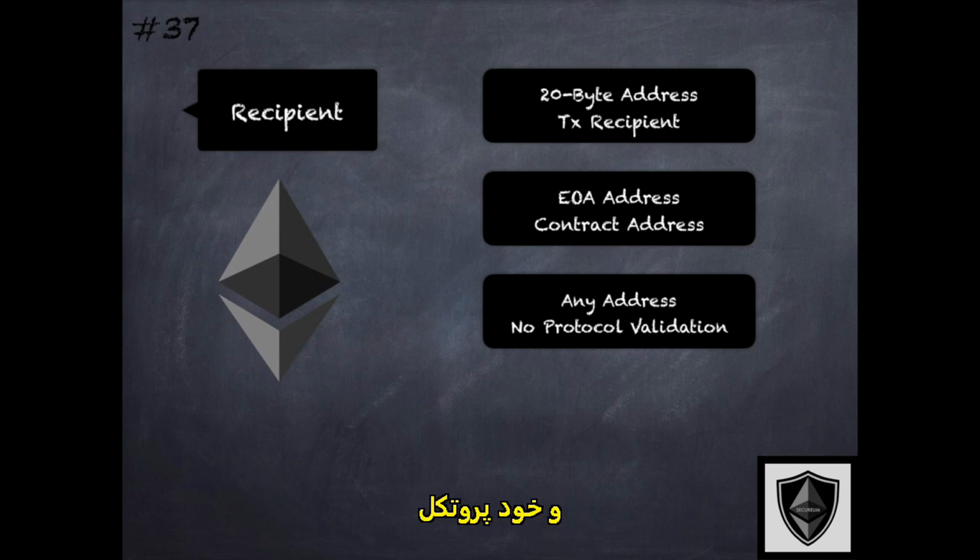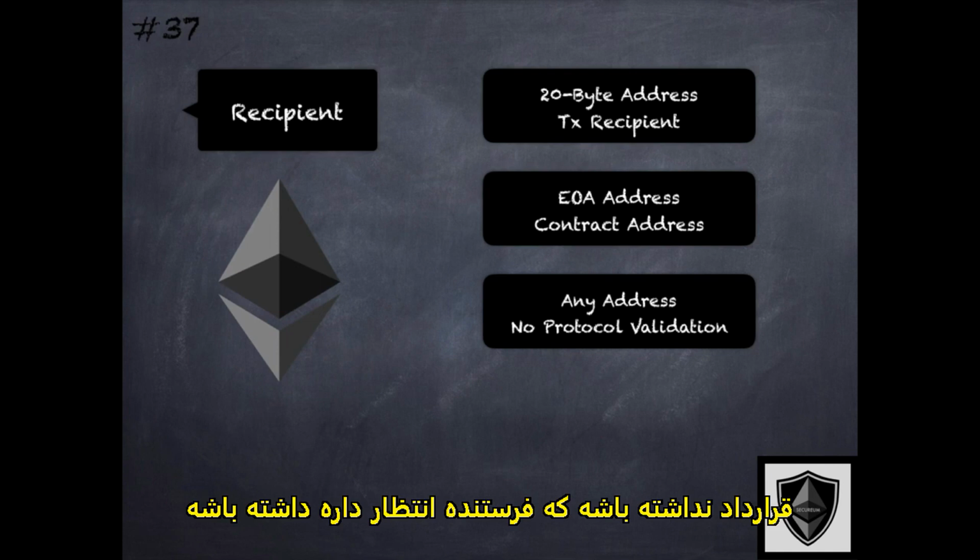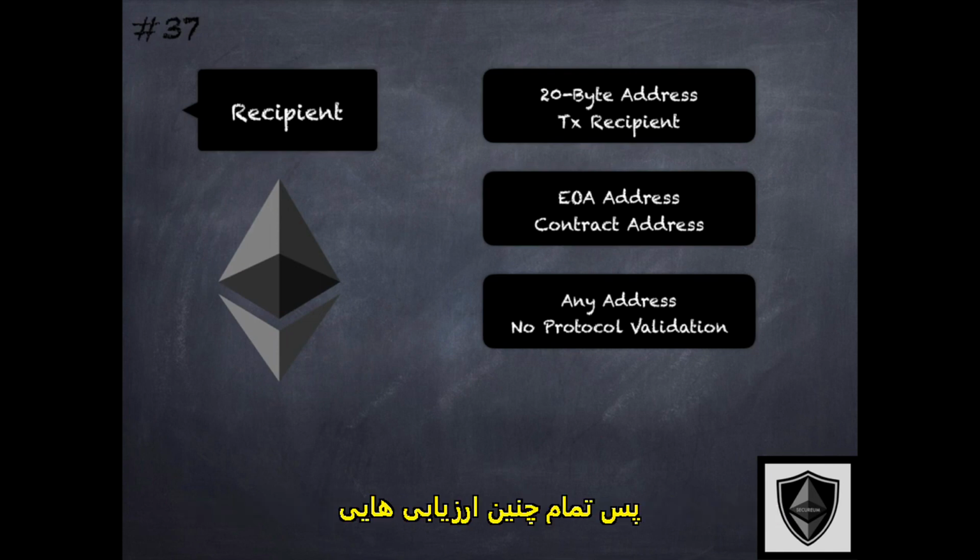The protocol itself does not validate these recipient addresses in the transactions, so one can really send this transaction to any address, and that address might not even have a corresponding private key, or might not even have the contract that the sender expects to have. So all such validation should be done at the user interface level.